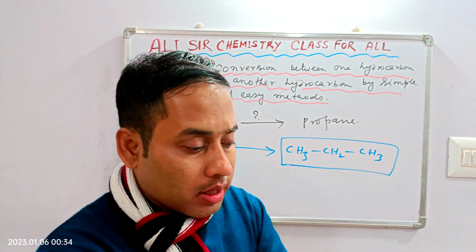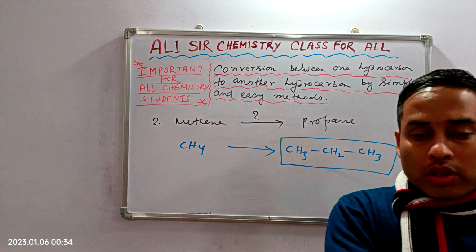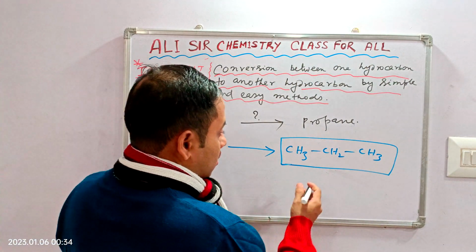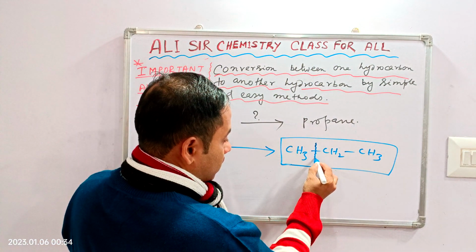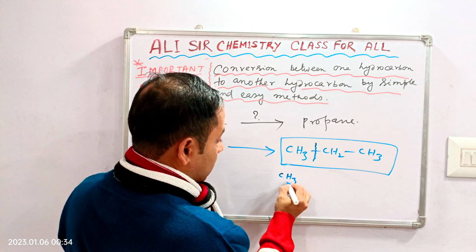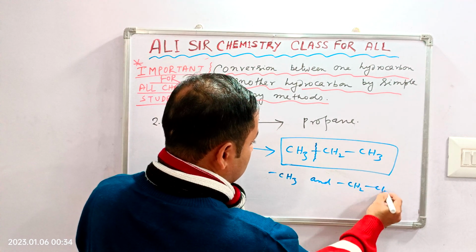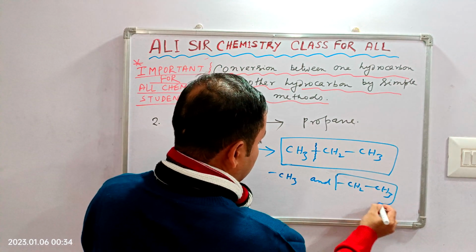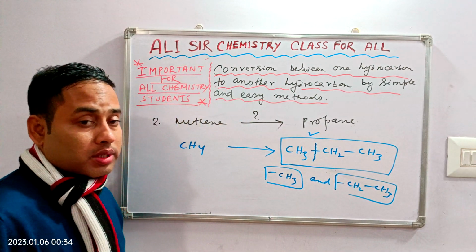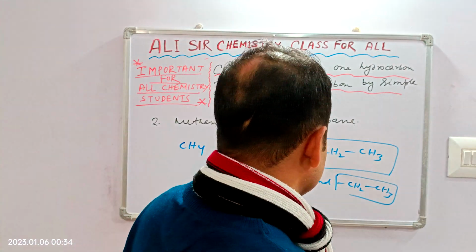An unsymmetrical alkane is one that, if we divide it into two groups, the groups are different. Here, if we cut this bond, we get a methyl group and a CH2CH3 group. These two groups are different, so this alkane is an unsymmetrical alkane.